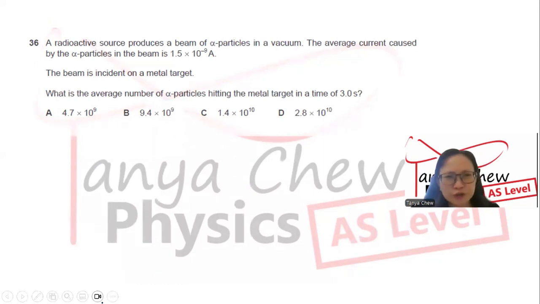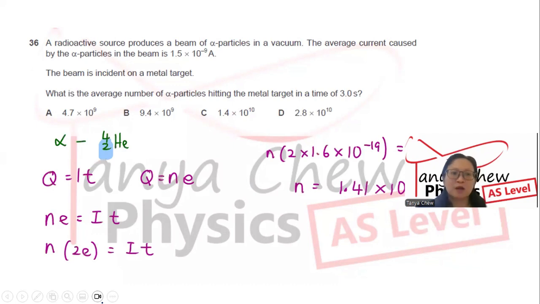So how do you go about this? First, you have to bear in mind that an alpha particle is a helium nucleus. I am using Q equals I t to find my charge. And the charge can also be equal to the number of electrons that flow times the charge of one electron.